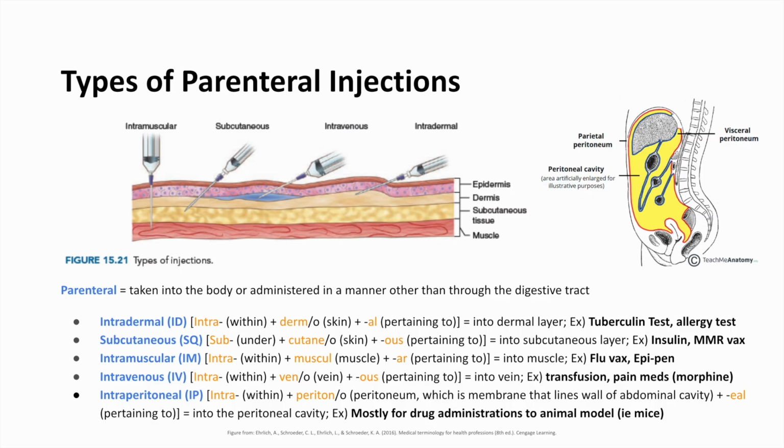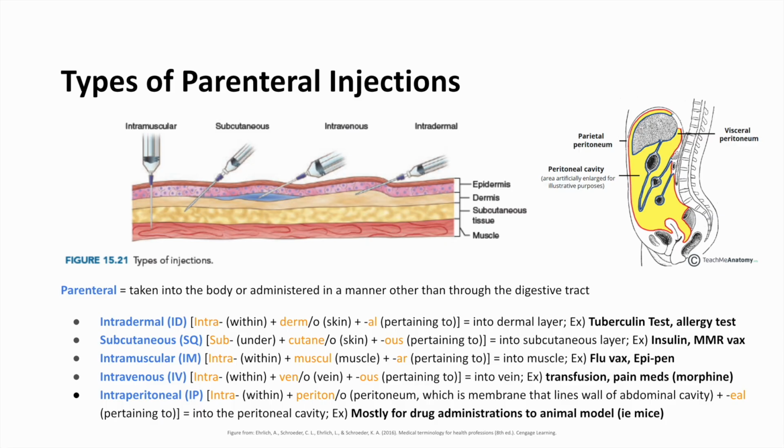Pain meds such as morphine, if you need to bring them very quickly to your system, the intravenous route is used. I think the order is intravenous is almost immediate, a few seconds. Intramuscular is a little slower than that, subcutaneous slower than that, and intradermal even slower. It goes in that order of how fast it acts.